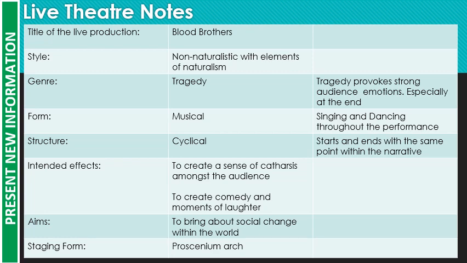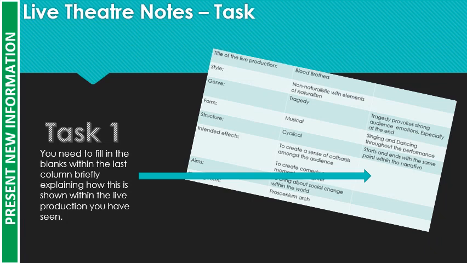Now, on the right-hand side, you will see that there are some empty boxes. Your very first task then is to go back and fill in the empty blanks with brief descriptions of how it's seen within the play. So, for example, I've spoken about the genre being a tragedy, and I've just given myself a few notes that tragedy provokes strong emotions, especially at the end.